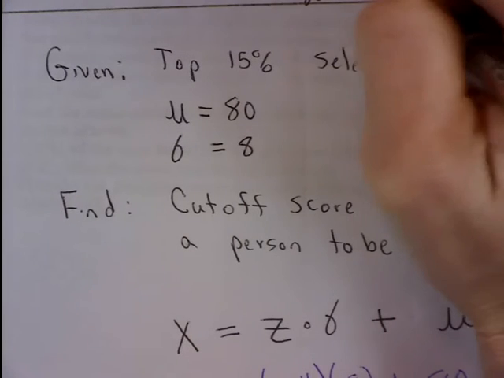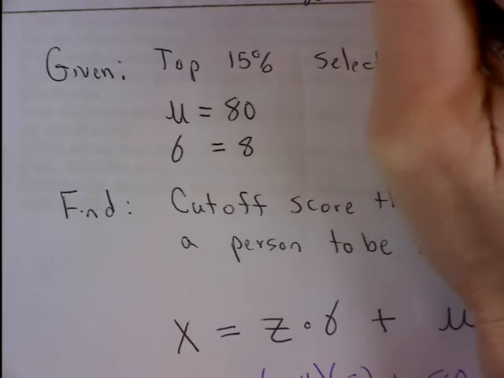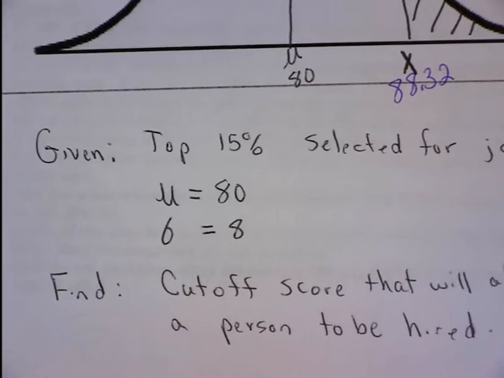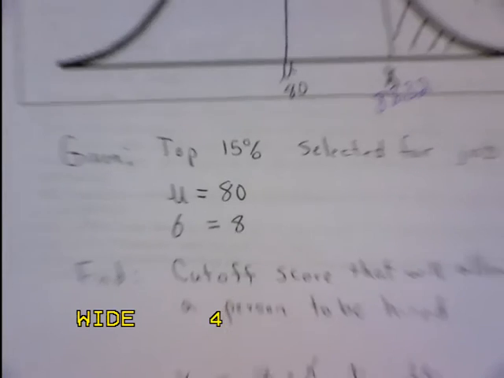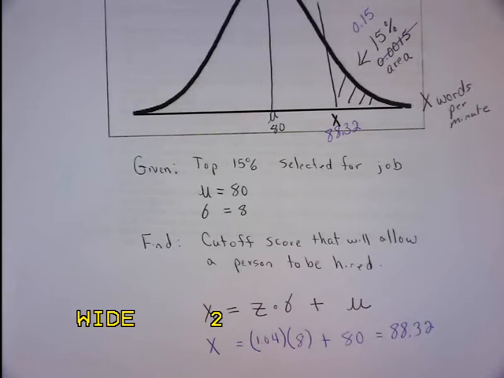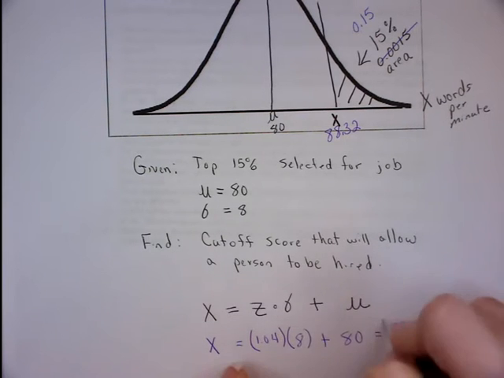So if I put that in the picture, if you score 88.32 or better on this test, you could be considered for the job. That's the top 15%. But if you score below it, sorry, they're going to send you home. So top 15%. And this is your final answer.